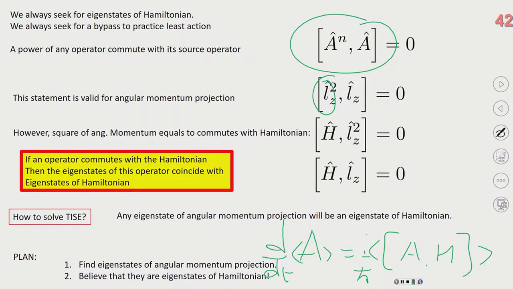Therefore, Hamiltonian will commute with both LZ squared and LZ operator. But if two operators commute, their eigenvectors coincide. Therefore, instead of diagonalizing Hamiltonian, we will be diagonalizing LZ.